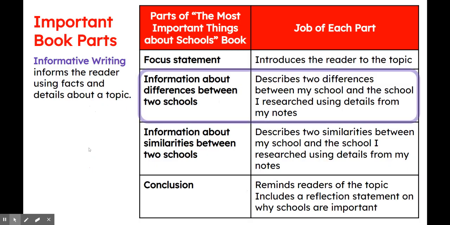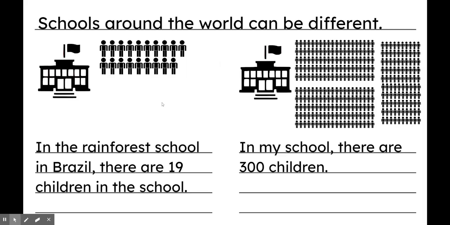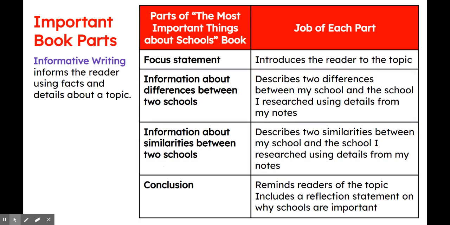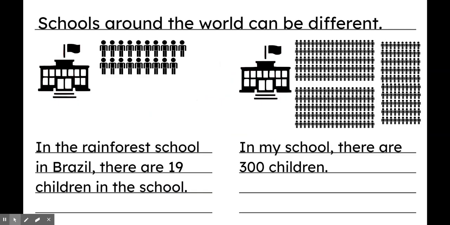Okay? Now, information about the differences between the schools. So this is when we describe two differences between the schools using our details from our notes. So we didn't just make anything up. It's things that we had learned and talked about from the book. Okay, so we had said in the rainforest school in Brazil, there are 19 children in the school.